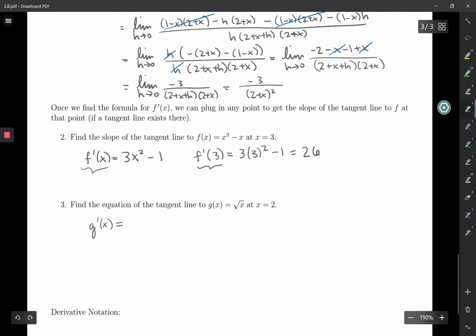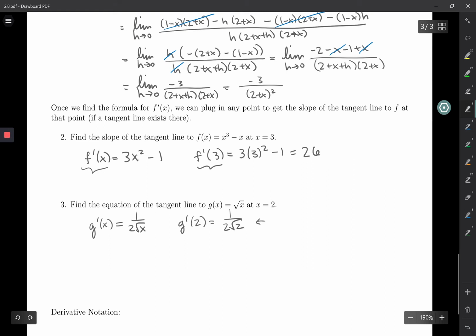So we get this at x equals 2, and it asks us to find the equation. Okay, so that means that we need the slope, so let's go ahead and plug in 2 to our formula, and we get 1 over 2 root 2.